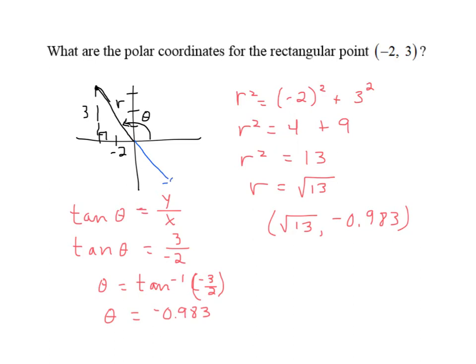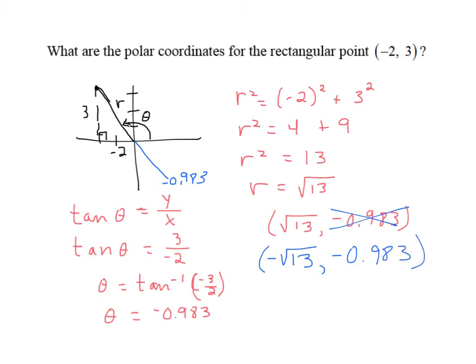This is where -0.983 is. So my answer is not correct. The root 13 might be correct, but not the -0.983. Although, if I did this, then I think my answer would be correct, just making sure it's going the opposite direction.